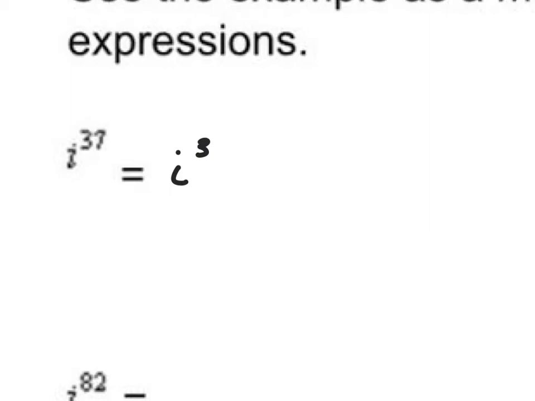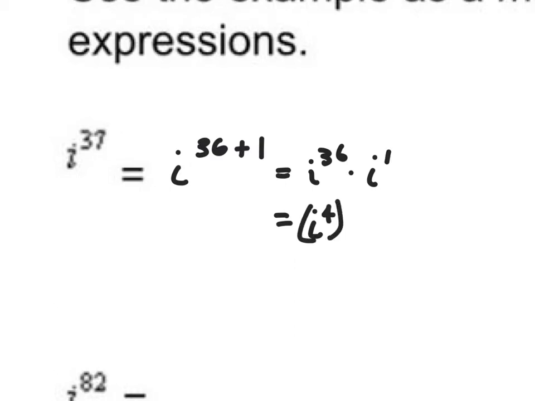Let's rewrite i to the 37th as i to the 36th power plus 1, and here's why. If I rewrite this as i to the 36th power times i to the first, I can rewrite i to the 36th power as i to the fourth raised to the 9th power.